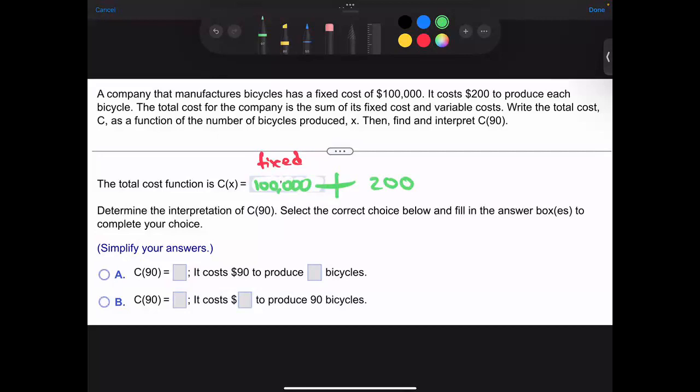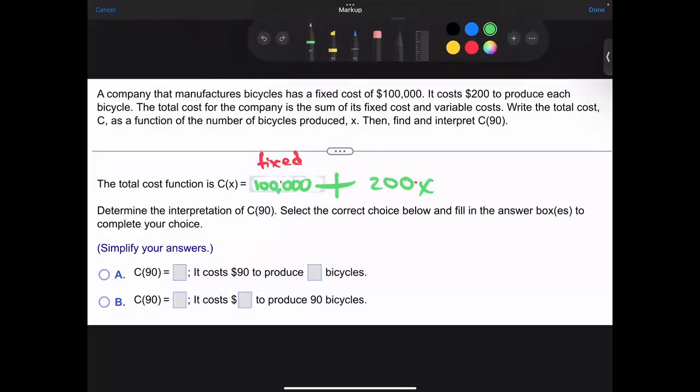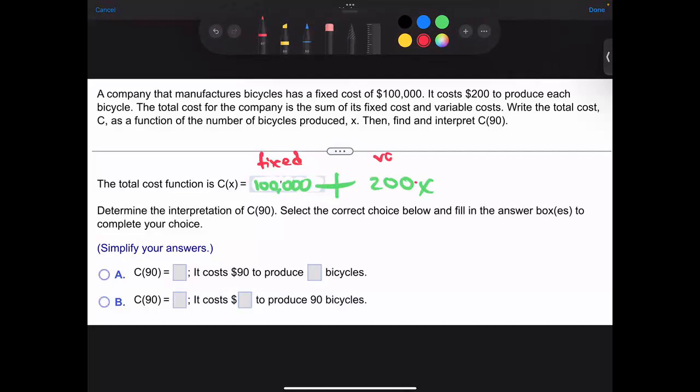Or a better way to write adding it a bunch of times is to just multiply instead. So, implied multiplication there again. The 200 times X is similar to the paycheck thing we talked about the other day, right? Same idea and same reason. So that would give you the total cost. It's your initial startup overhead plus how much you actually spent on making the thing.